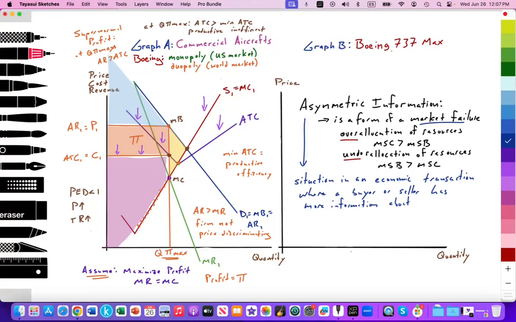Buyer or seller has more information about the good or service than the other economic agent.